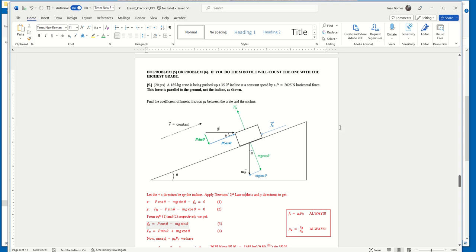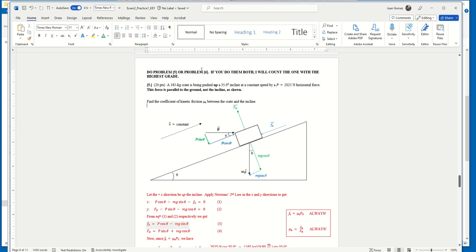Okay? Now I also have friction. Because if you have a coefficient of friction, that means you darn well better have a friction force. Well, the crate is being pushed up the incline, so Fk is going to be directed exactly opposite. So Fk is going to be down the incline.